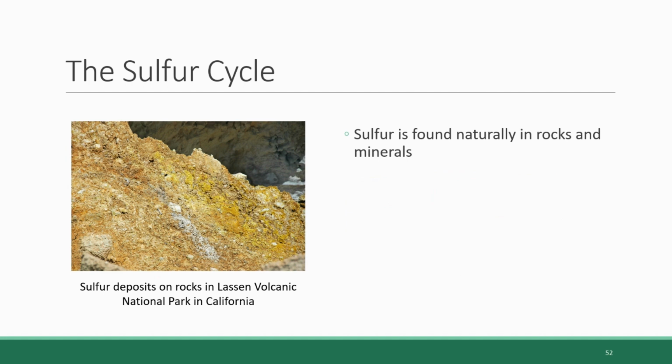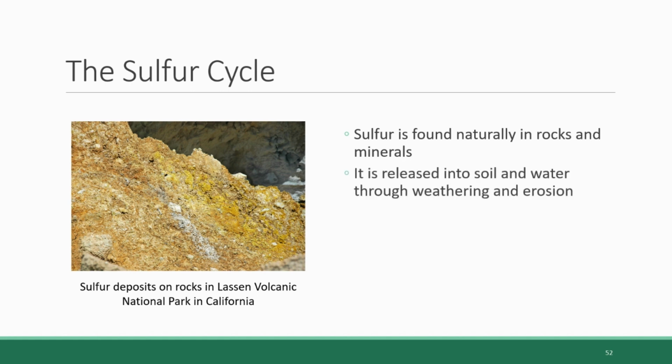The element sulfur is found naturally in rocks and minerals. And here on the left, you can see yellow colored sulfur deposits on a rock formation in Lassen Volcanic National Park in California. Through the natural weathering of these rocks and through erosion, sulfur gets released into soil and water.